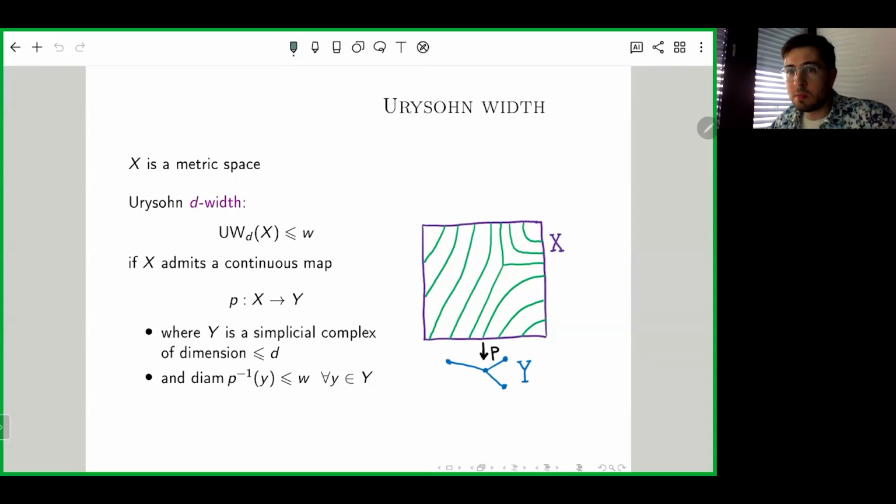If all of them have diameter at most W, then the Urysohn width is at most W. Then I try to come up with the most efficient map to a one-dimensional complex in this picture. So I consider the infimum over all maps P as in this definition, and the least possible W, or the infimum of all those W, will be by definition the Urysohn width.